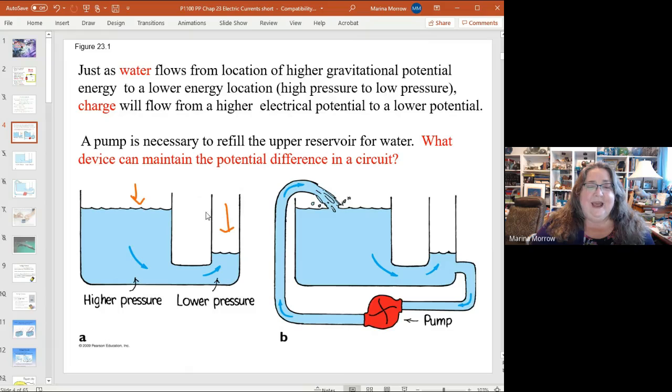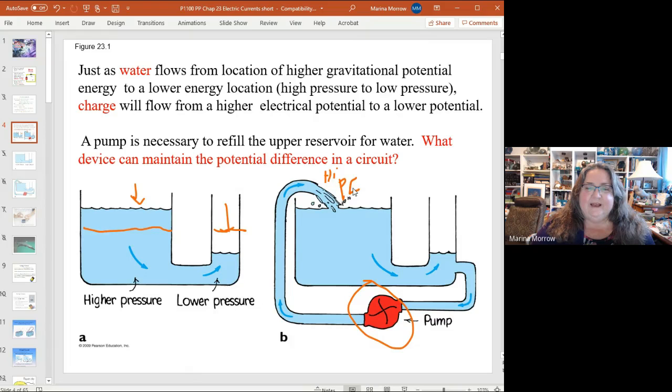They're joined together, so naturally what will happen is that they eventually will reach the same level, right? Okay, to keep that from happening, to keep your waterfall flowing in your garden, you need to pump water back up. So the idea is you've got to raise those water molecules back up to the high potential energy.